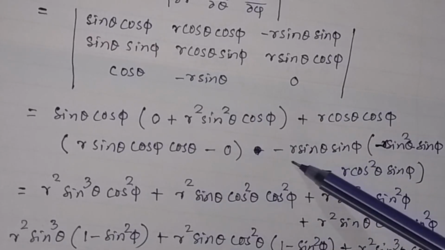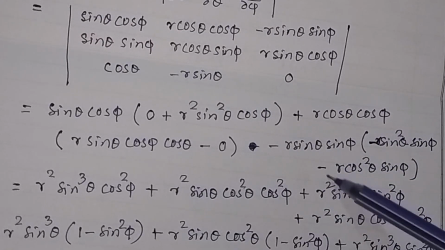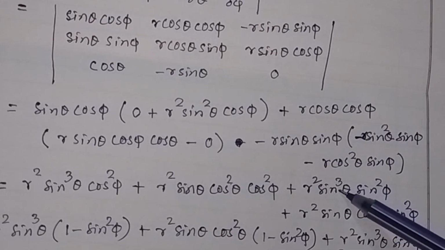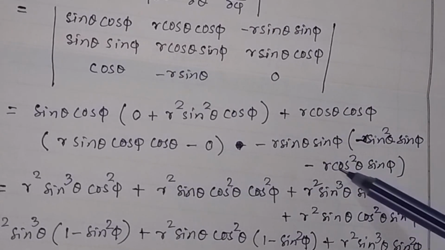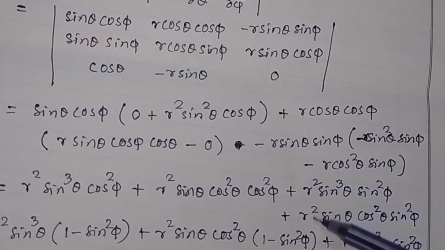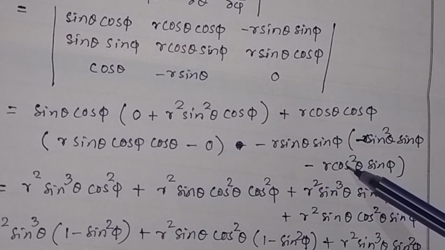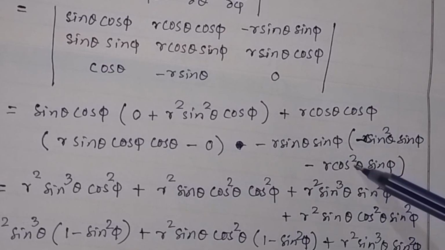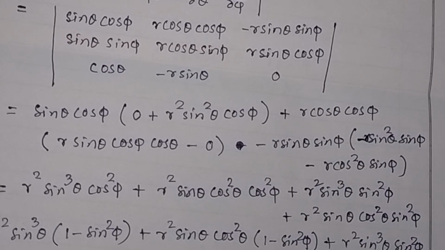Then for this term, minus into minus will be plus r into r square, then sin theta into sin square theta, so sin cube theta, into sin phi, here sin phi, so sin square phi. Then for the next term, minus into minus plus r into r square, sin theta, here sin theta, then cos square theta, you have here cos square theta, then you have sin phi into sin phi.